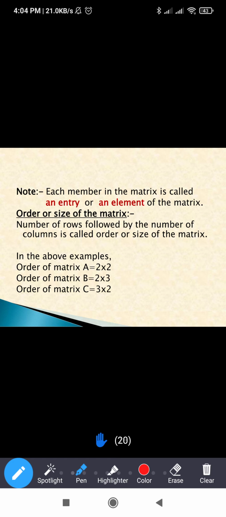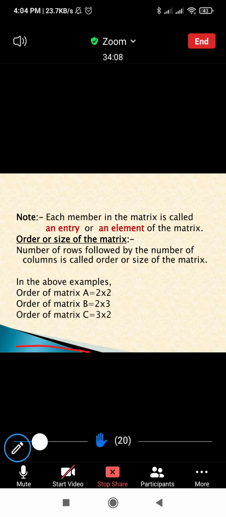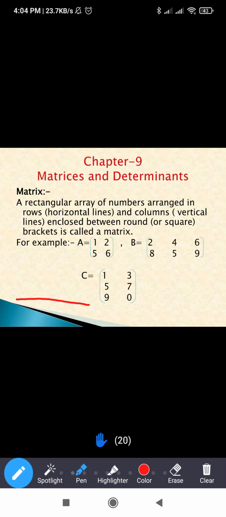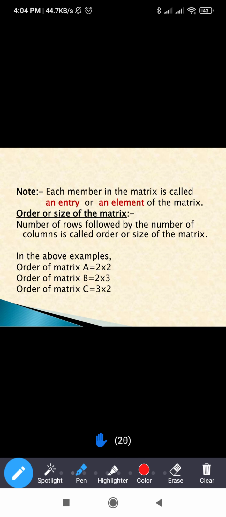And similarly, order of matrix C in the previous example: there are 3 rows and 2 columns, so its order is 3 by 2. You can note down order of matrix C is 3 by 2. It is about order of matrix.